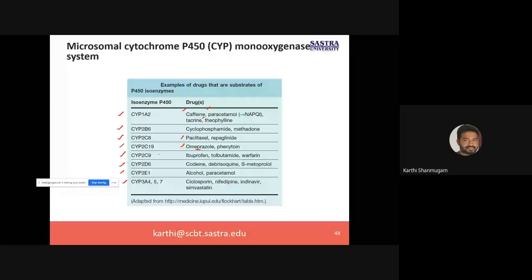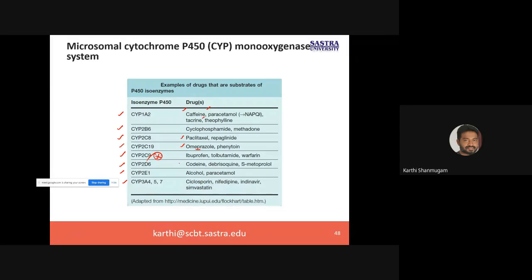CYP2C9 is considered one of the very important isoforms of cytochrome P450. Codeine and metoprolol are very commonly metabolized by CYP2D6. Alcohol and paracetamol, very common chemicals, are metabolized by CYP2E1.